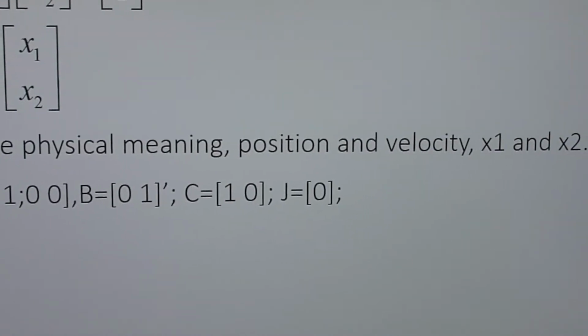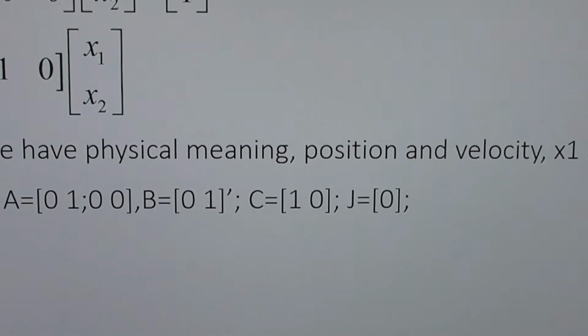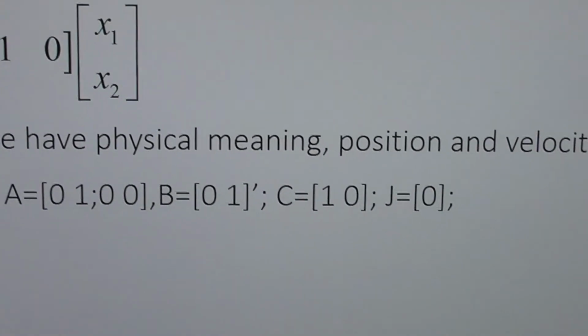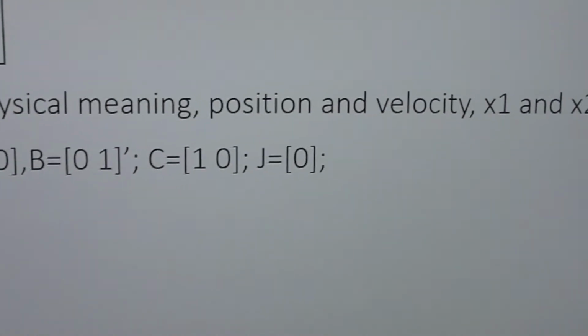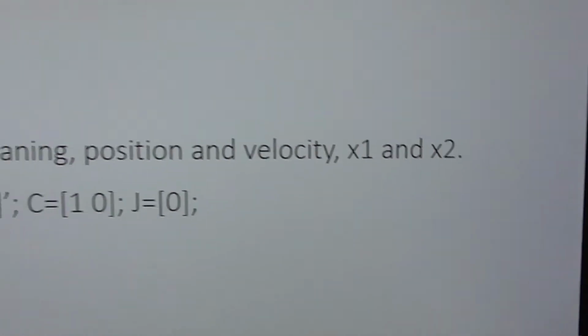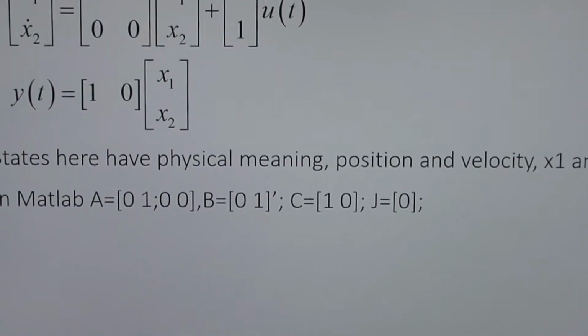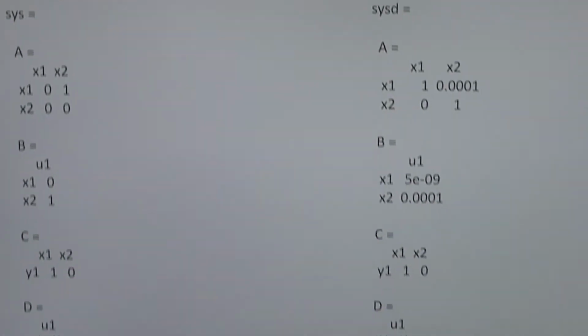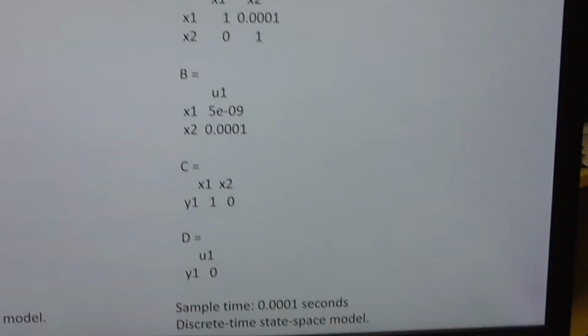So we can type everything into MATLAB like that. Define A, B, notice the transpose over B, it's 0, 1 and then dashed to make it a column vector. And then we can discretize it using c2d, and that's just information of how you would do it.